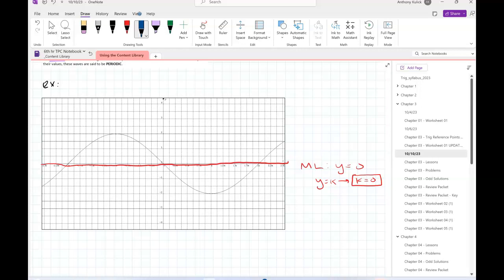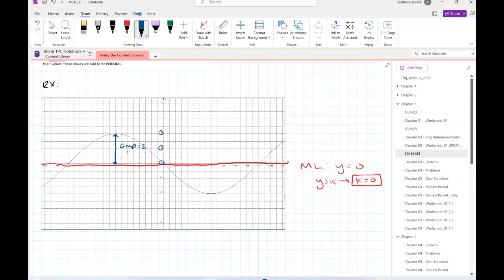So if I look at this one, that appears to be our amplitude. You guys agree with that? If I count, we start at 0 and we went up to 2. So the amplitude is 2. Everybody's okay with that?